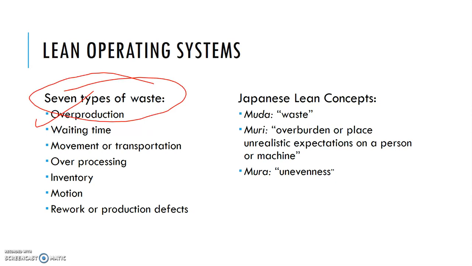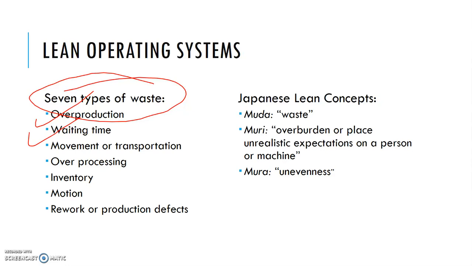If we produce more meals than are ordered in a restaurant, we're going to have excess food laying around that we're probably going to have to just throw out or donate somewhere. But either way, that is cost to us that we're not getting a return on, right? We've produced inventory that we're not going to be able to sell. So overproduction is a form of waste.